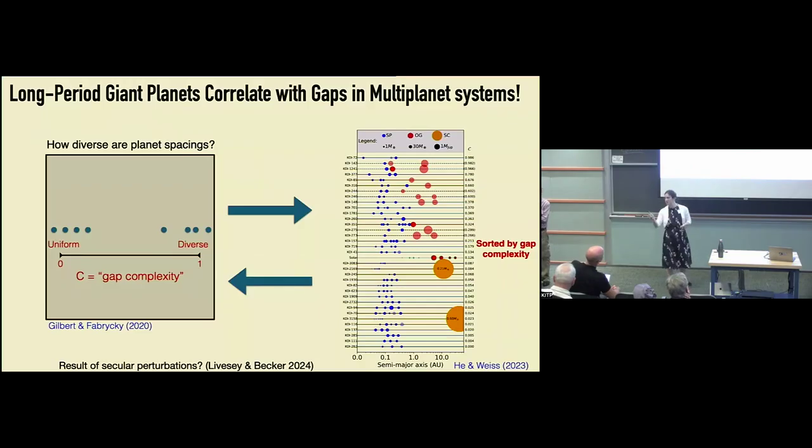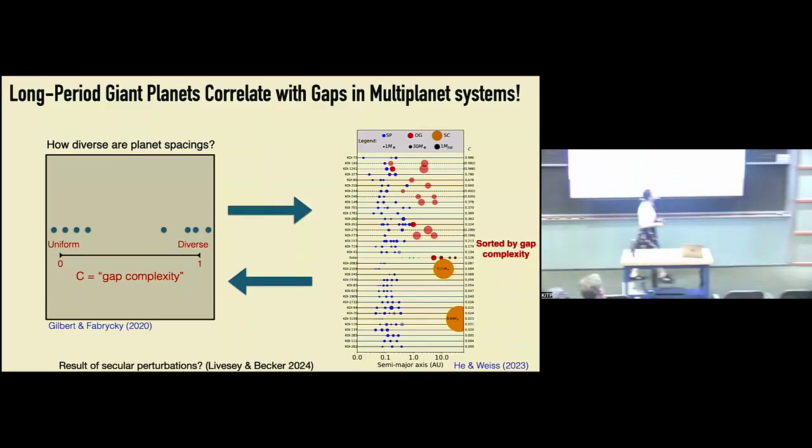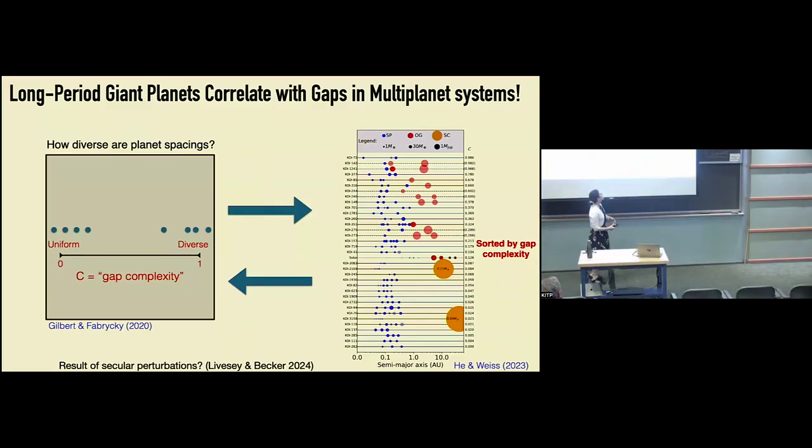I do also want to answer your question from a sideways angle, and just point out that, for me as an observer, I love things that are predictive. So if I see a system has a gap complexity of like 0.004, something way down here, I can expect it's not going to have a giant planet. None of those do.